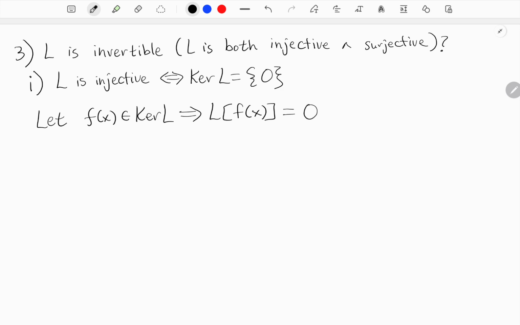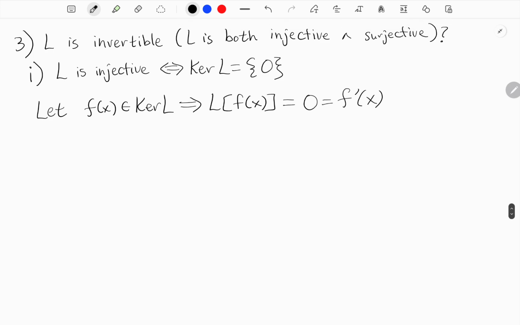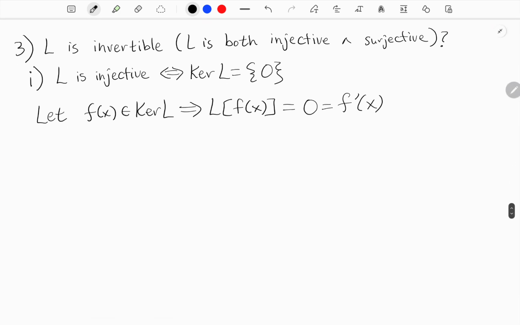But L of f of x we said was equal to f prime of x, because that's how this transformation is defined. It sends a polynomial to its derivative. But because f of x is in the kernel of L, that derivative is equal to 0.